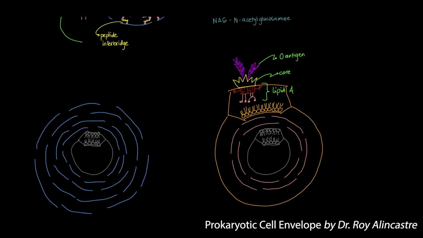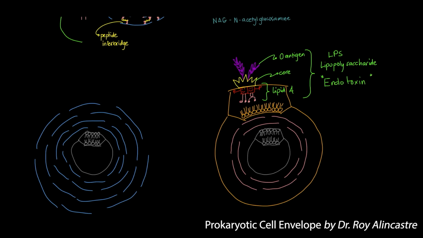But the O antigen, the headdress, the repeat units, are actually unique in each species. Okay, so take note of that. Altogether, lipid A wearing their corona and the headdress is called lipopolysaccharide or LPS. It is also called endotoxin.